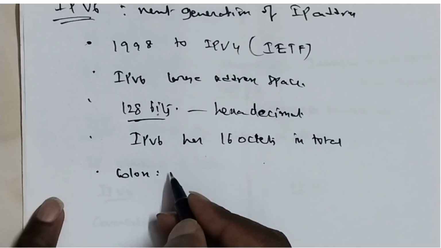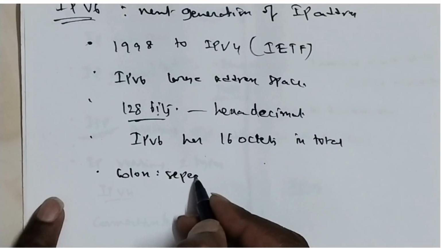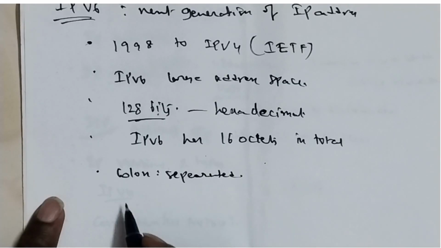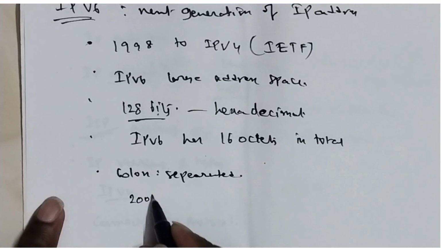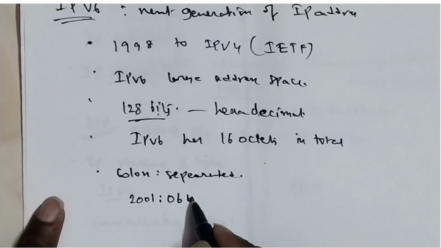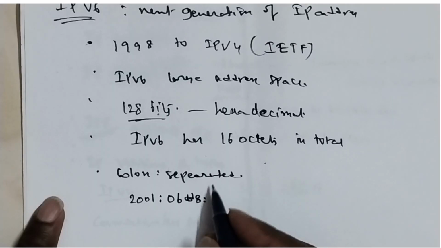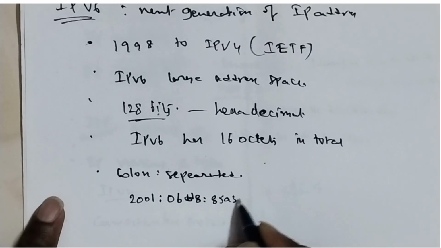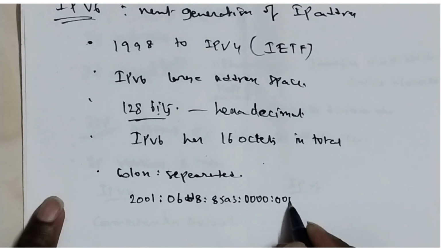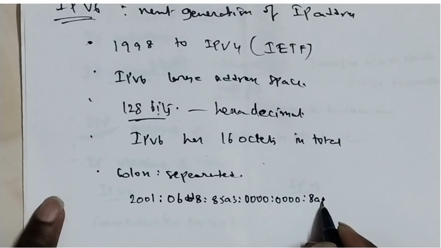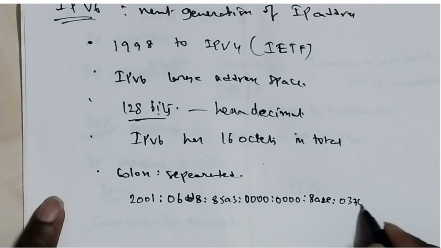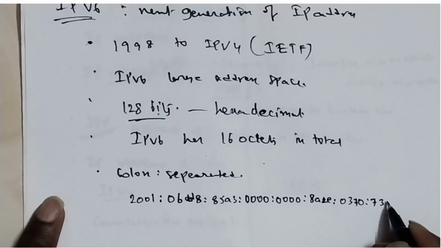The groups are separated by colons. For example, the IPv6 address is 2001 colon 0db8 colon 85a3 colon four zeros colon 8a2e colon 0370 colon 7334.